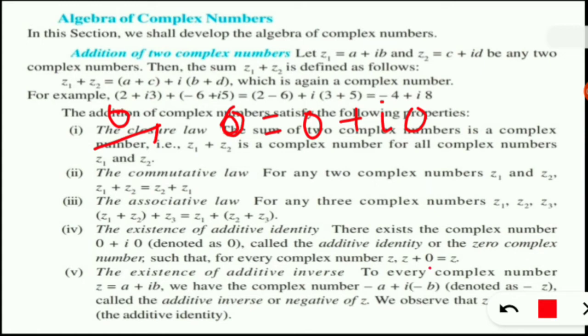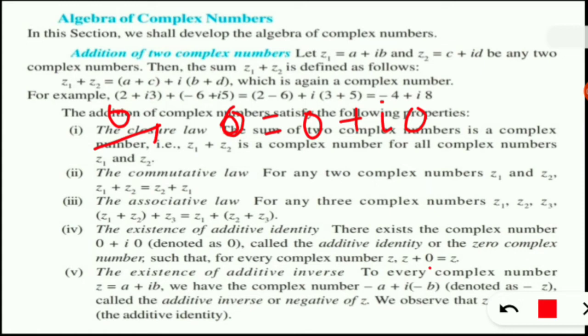Here 0 means 0 plus i times 0. That means if we add 0 with any complex number, then the given complex number comes up.